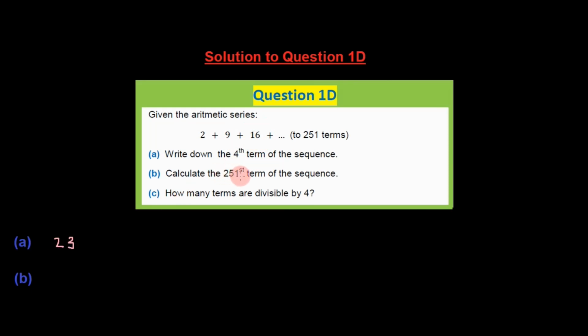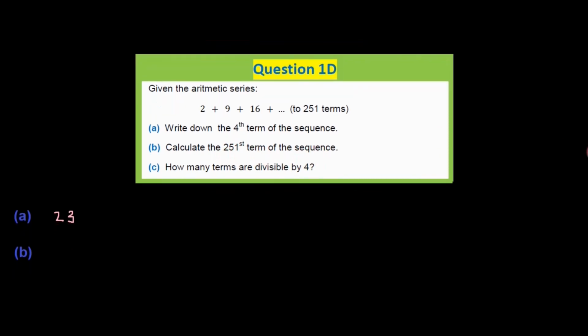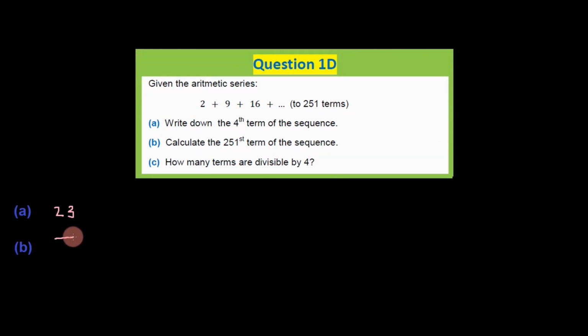Then we have to calculate the 251st term of the sequence. And we use the formula T sub n equals A plus n minus 1 times D. And we want T sub 251. So the first term A is 2.